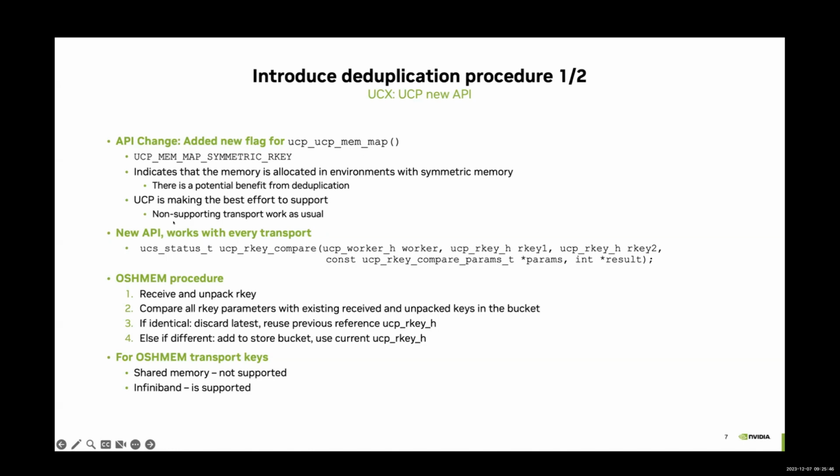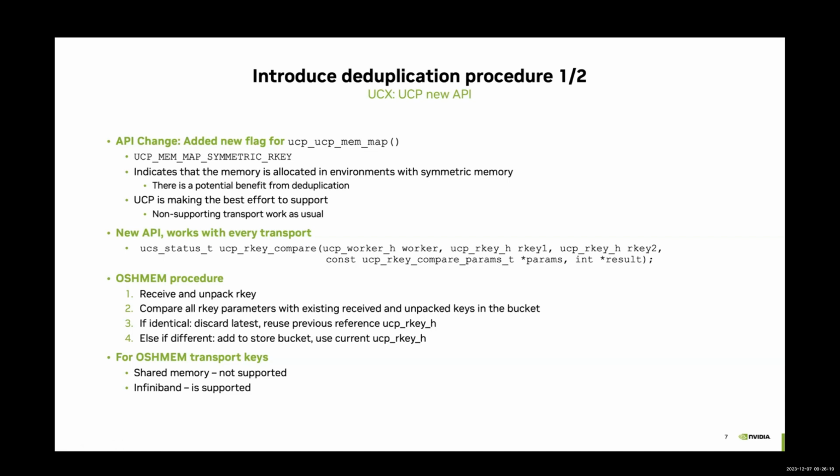That flag indicates that the memory is allocated for environments, like HPC environments, with symmetric memory, which means that we have a potential for deduplication. The expectation is that UCX is going to do its best effort to support that. And if some transport does not support deduplication, it just continues to work as usual.